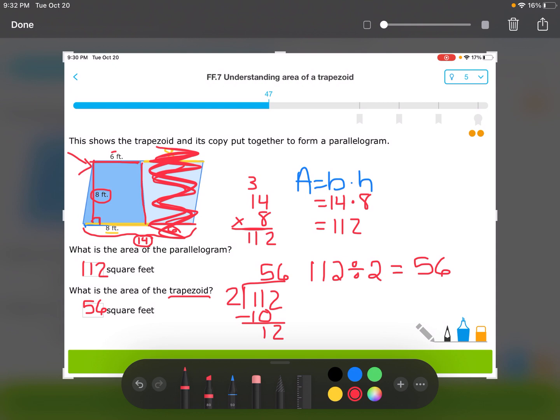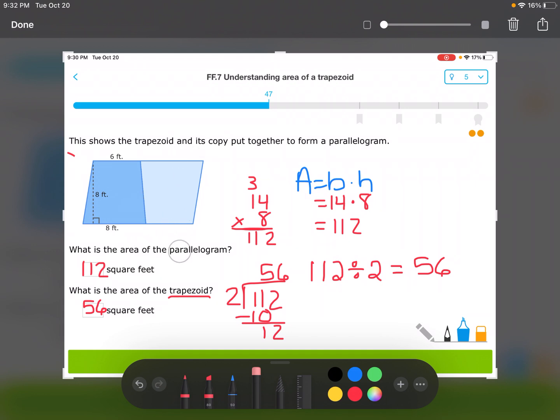Okay, and you could always check yourself by going back and saying, okay, well, if one trapezoid's 56 and the other one's a copy, okay, this is 56, and its copy was also 56. Together, those make 112, which is the area of your parallelogram.